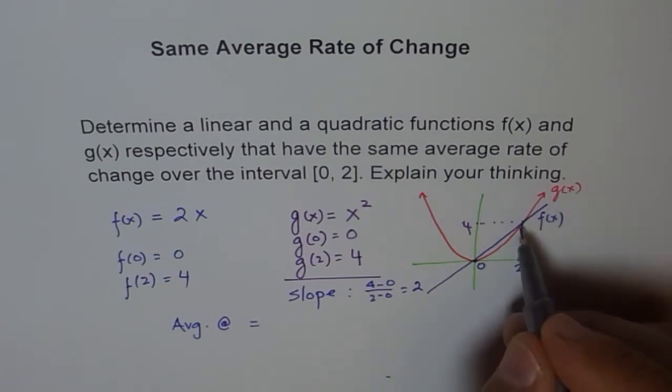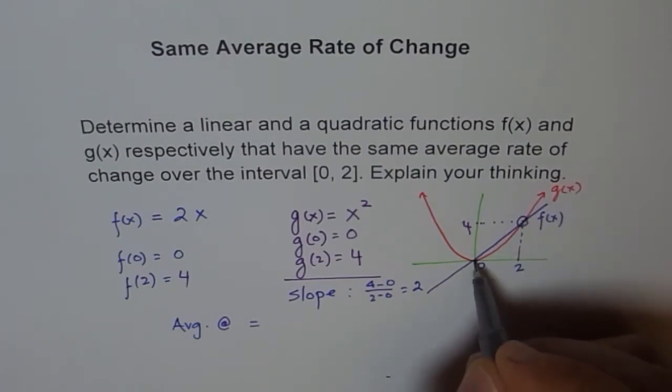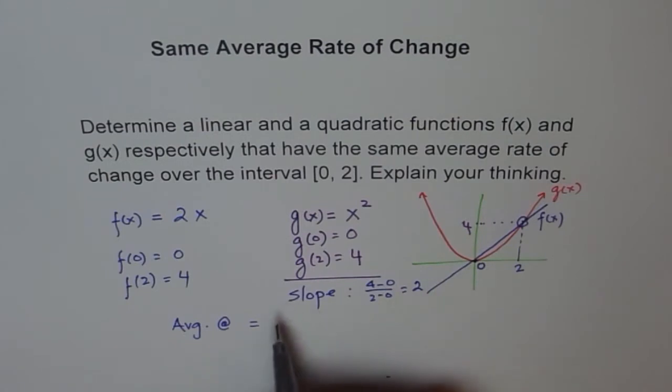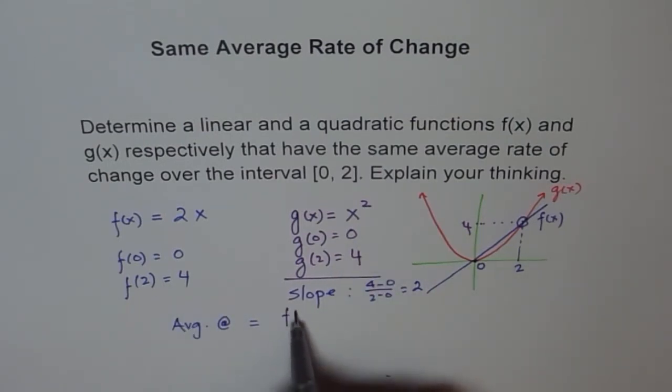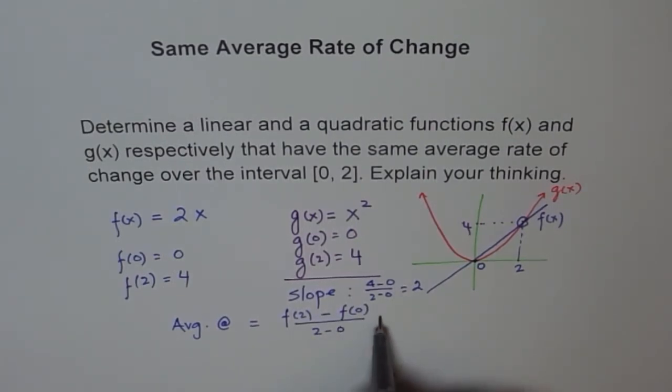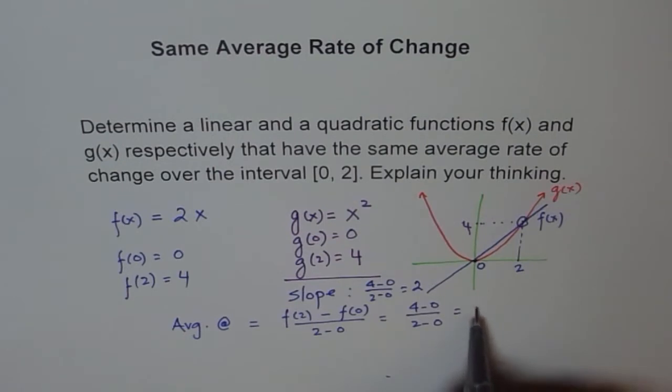So between these 2 points, if you take any of those functions, it doesn't really matter which one, you say f of 2 minus f of 0 over 2 minus 0, we get 4 minus 0 over 2 minus 0, which is 2, right? So for both, it is the same.